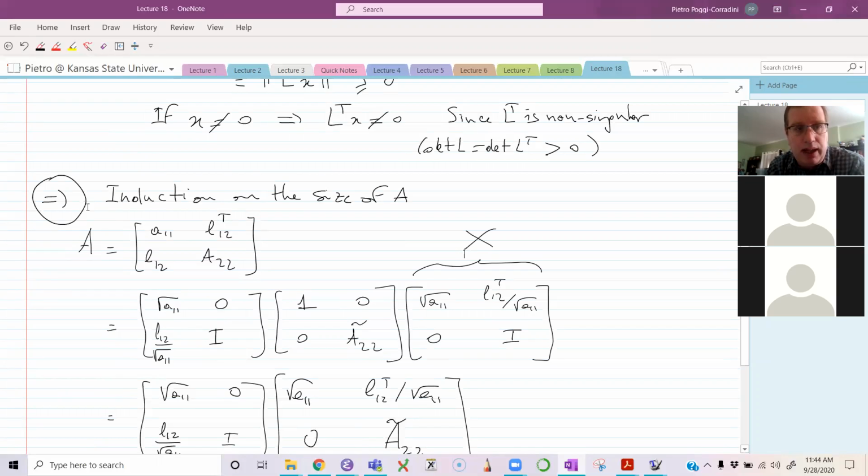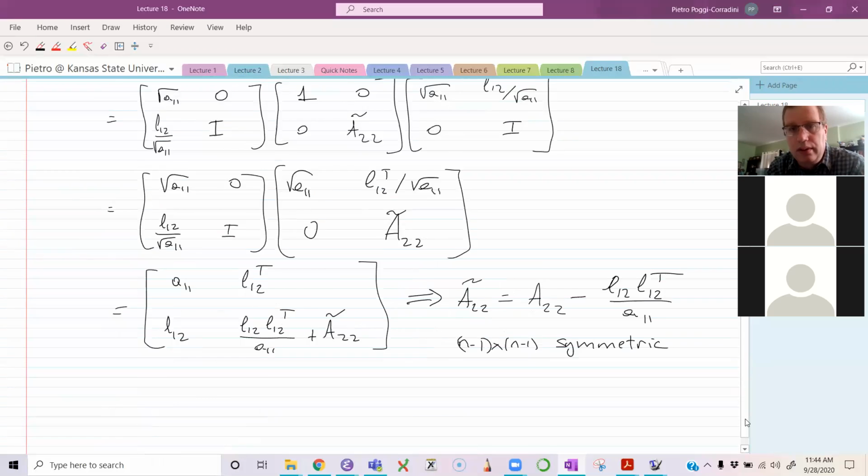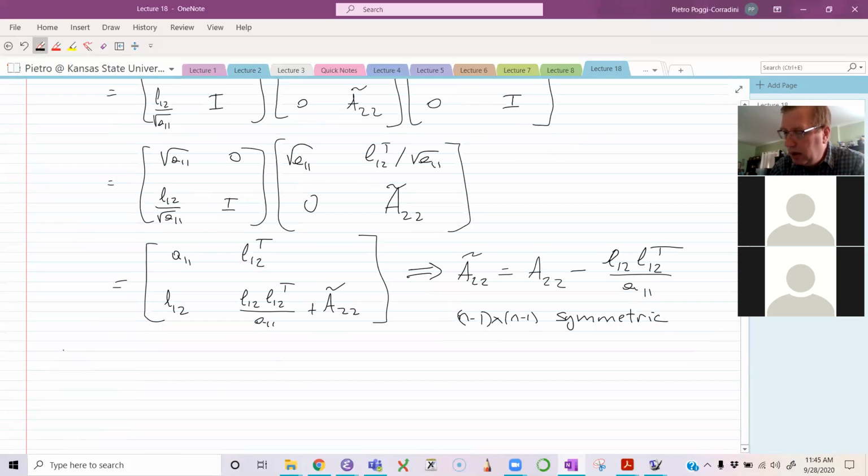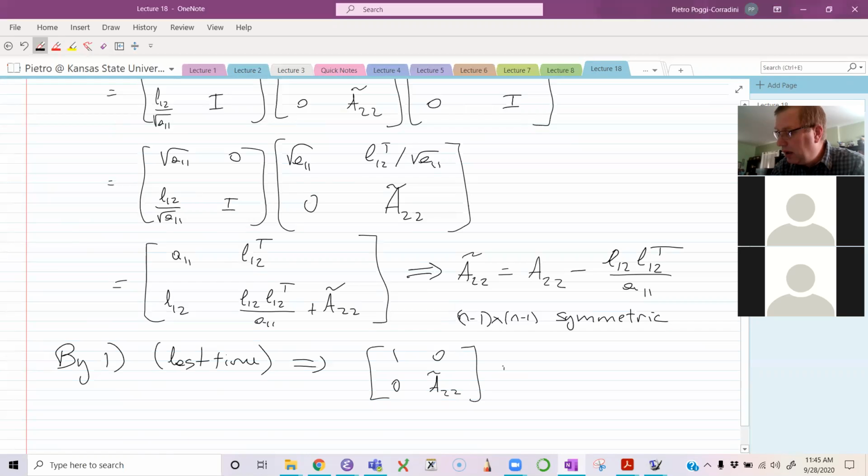A is SPD by hypothesis, so that means that this middle thing is SPD. Okay, so by 1, this matrix is SPD, right?